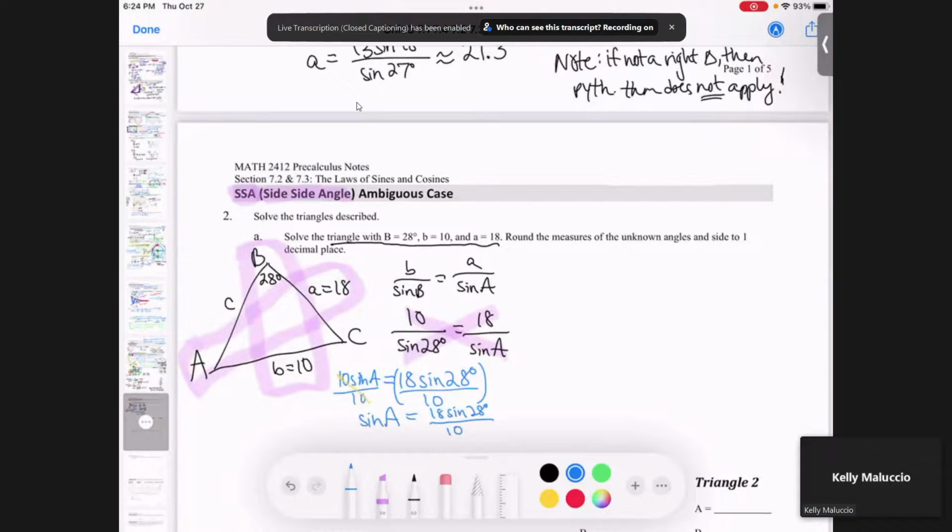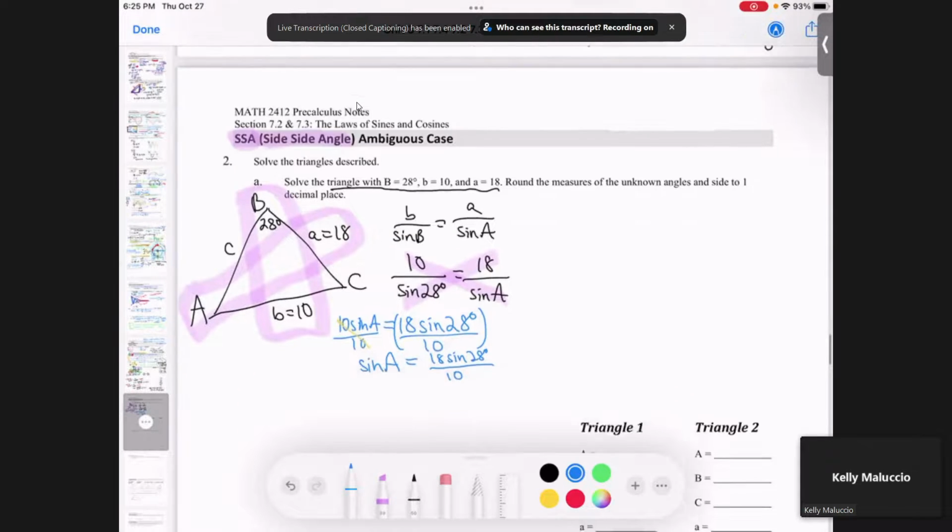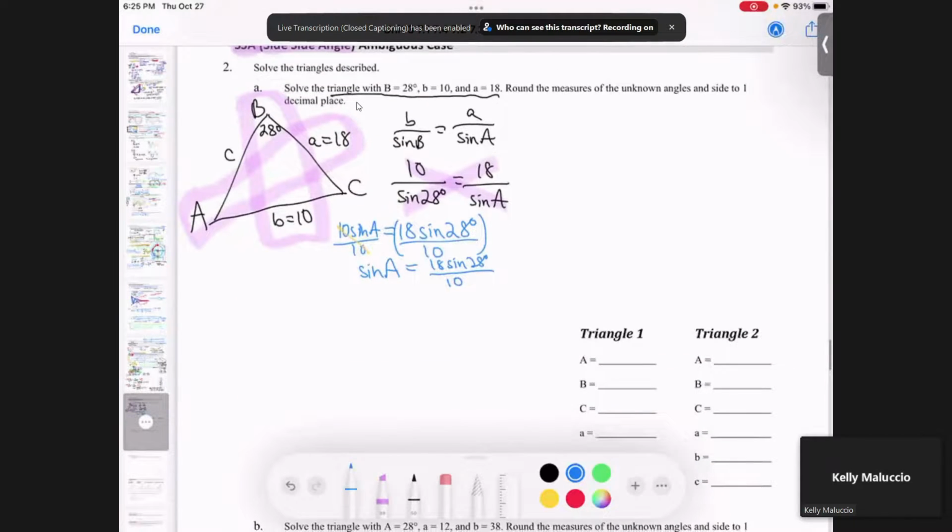Now, in order to figure out what angle this is, we will have to take the inverse sine of this, right? However, we also need to keep in mind where this might be on our unit circle, like sine of 28, where is that? And is it positive or negative?